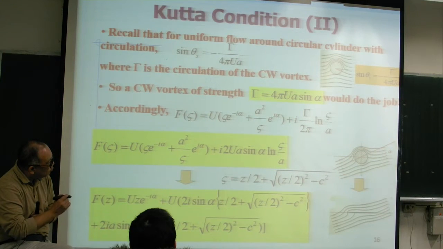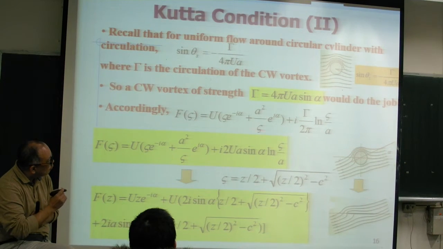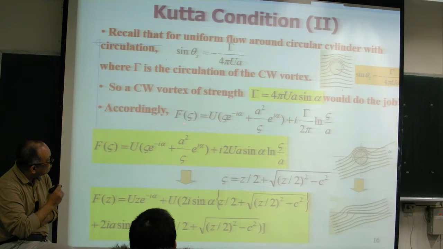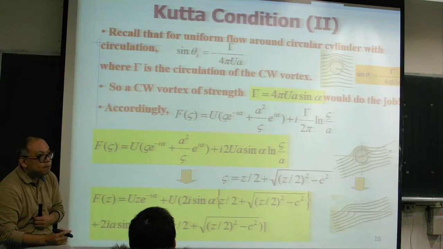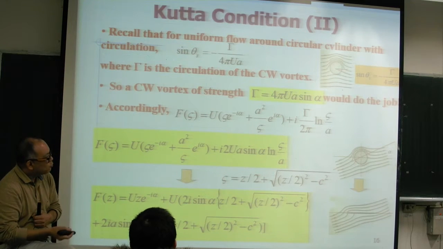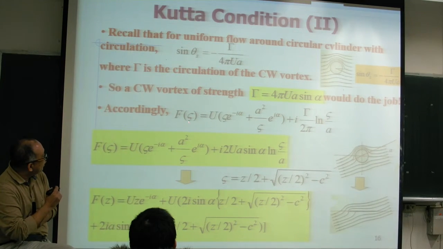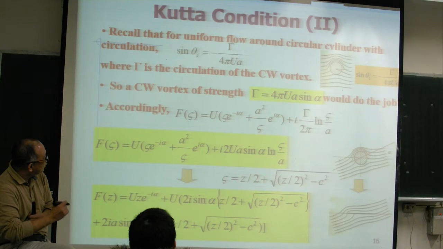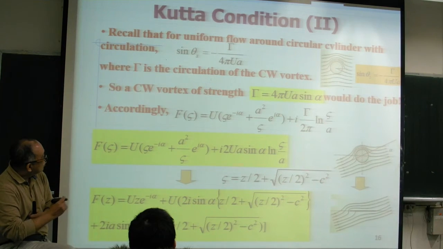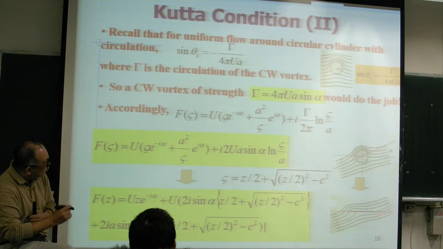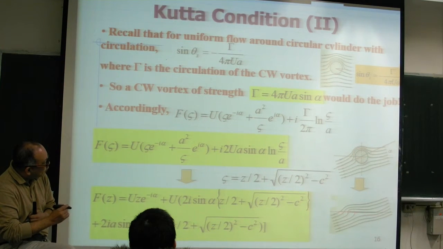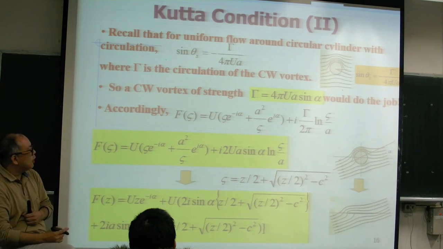This is the circulation we apply in order to satisfy our Kutta condition. So in the zeta plane, this is the complete potential for this flow field. Through the Joukowski transformation, we can shift to the flow over an airfoil here, and this airfoil is a flat plate with angle of attack alpha that satisfies our Kutta condition.